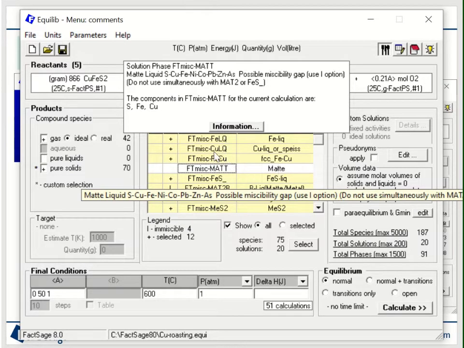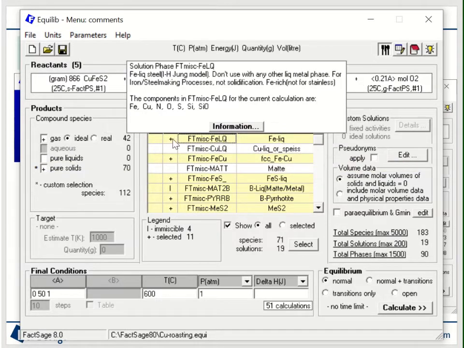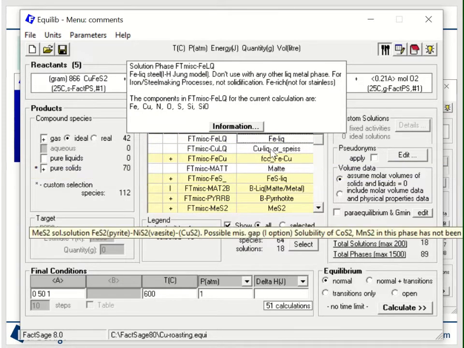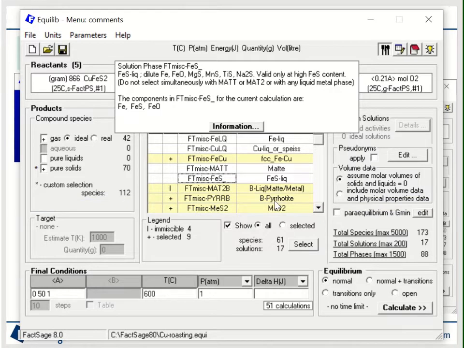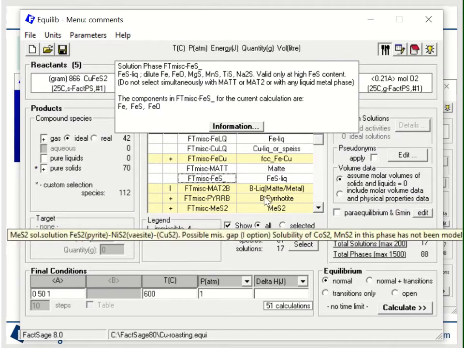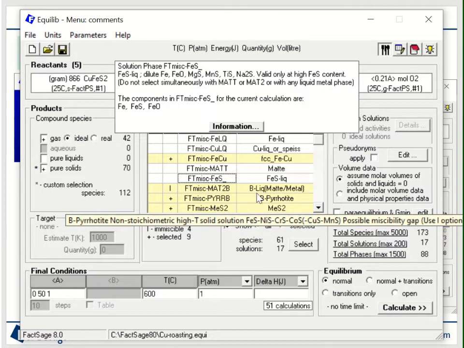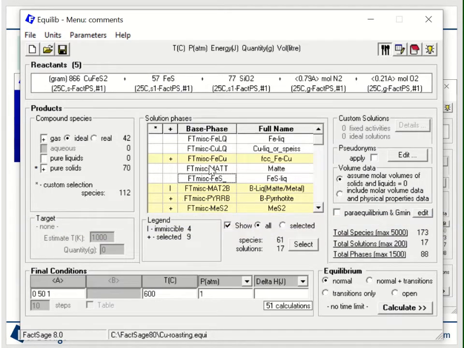So you have to take this one out, and liquid copper is the same thing because it is liquid state, and liquid iron will never be formed in this condition. So it's better to take off these three. Also, this FeS is inconsistent with the rest of the sulfide phases we have in the FT miscellaneous database, so you can take it off too. So you take off these four in this calculation.